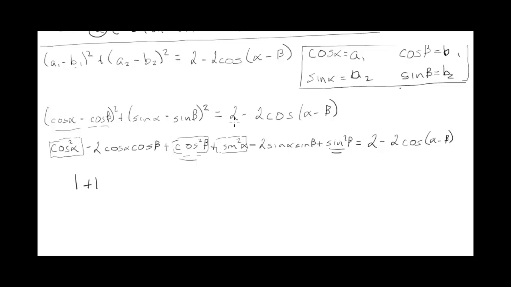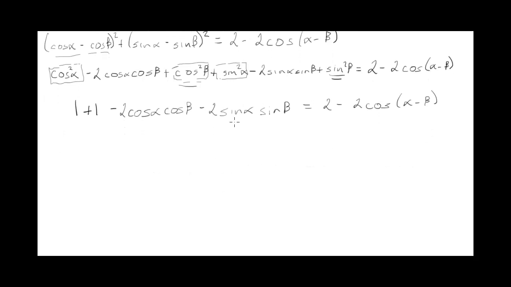So that identity simplified things a lot. And then I still have the minus 2 cos alpha cos beta, and then this one here, minus 2 sine alpha sine beta, and that's equal to 2 minus 2 cos alpha minus beta.